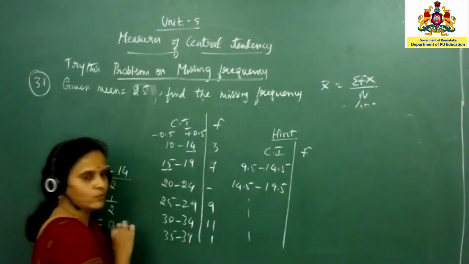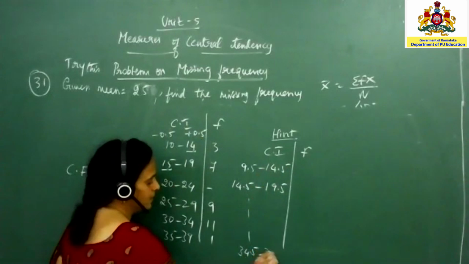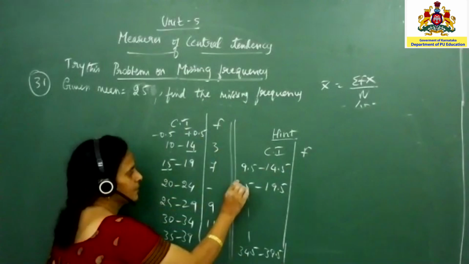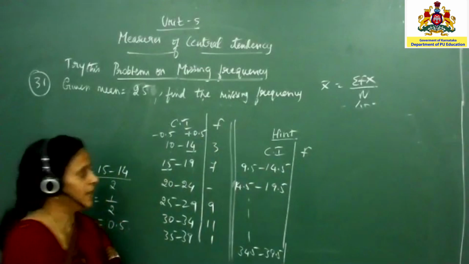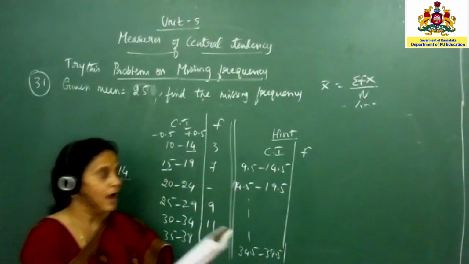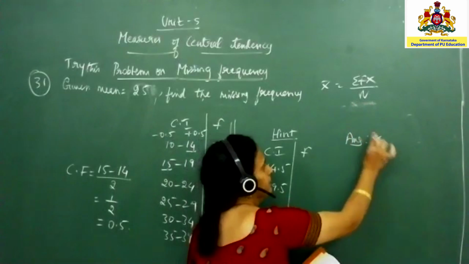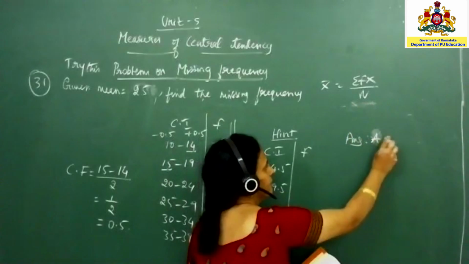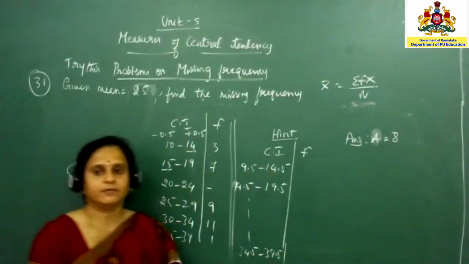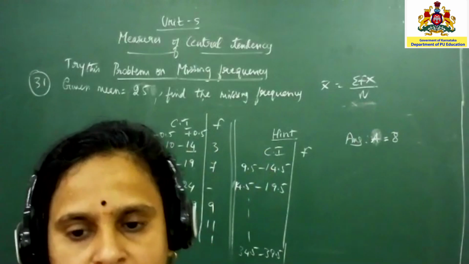Same way, carry on. Okay, so the last class interval will be 34.5 to 39.5. So with this, carry on with this problem. And f will remain as it is, by taking a as the missing frequency. And finally, work it out similar to the previous one, so the answer, that is a value, you are getting it as 8. Then the missing frequency will be 8. So try this problem similar to the previous one.